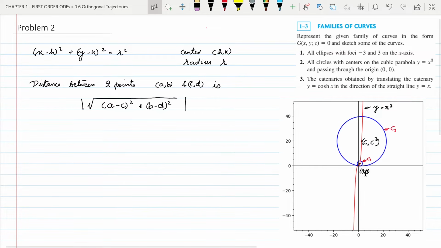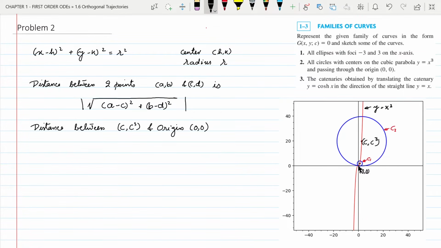So if one of the points is 0 comma 0 and the other point is c comma c cube, then the distance between them will be the square root of c minus 0 square plus c cube minus 0 square, in absolute value, and that distance will be the radius of the circle. You can see if this point is the center of the circle, then the distance from that point to the origin through which the circle passes is the radius of the circle. So we can write the distance between c comma c cube and origin 0 comma 0 as the square root of c square plus c to the power 6, its absolute value.